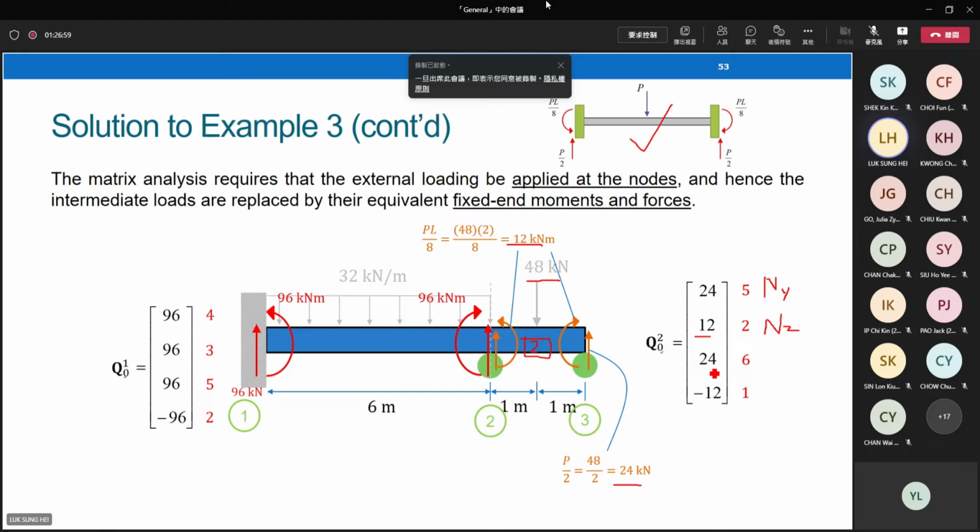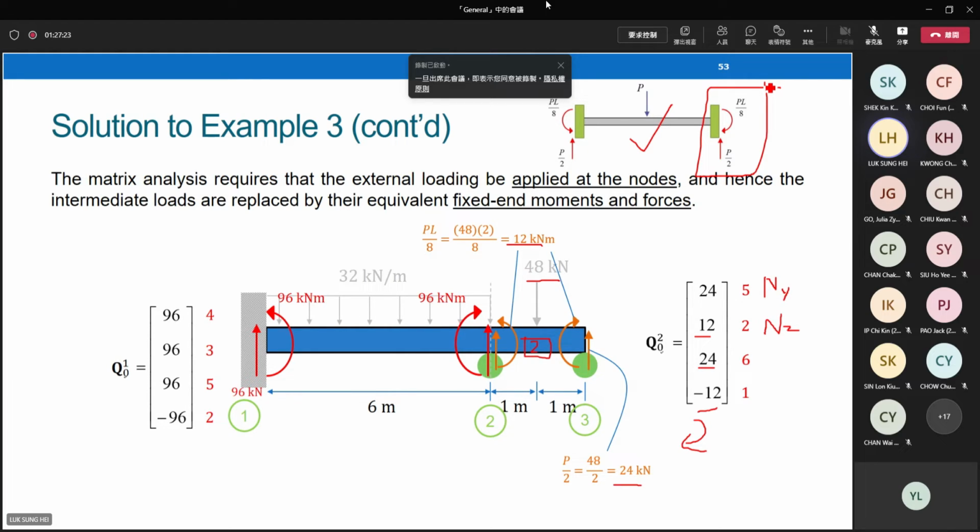And then force again, 24, and then moment. The moment on the right-hand side is clockwise, and clockwise means negative. So the last element is normally negative, because according to the fixed end force diagram, the moment on the right is clockwise. The code number order is 5261.